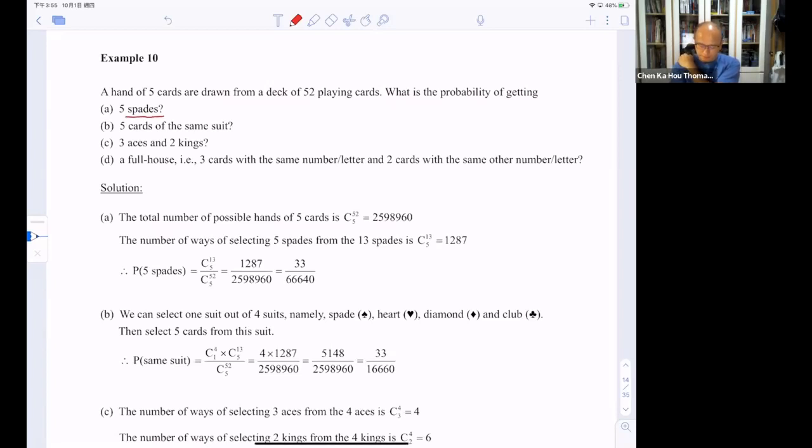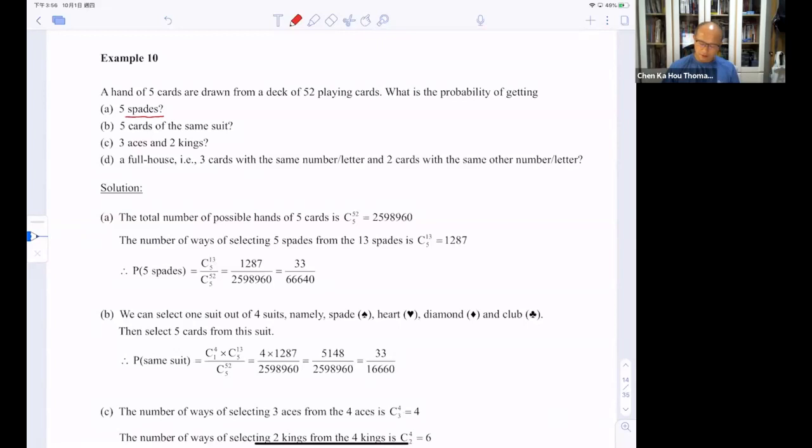Spade, that is the spade suit. Okay, A: 5 cards, all are spades.